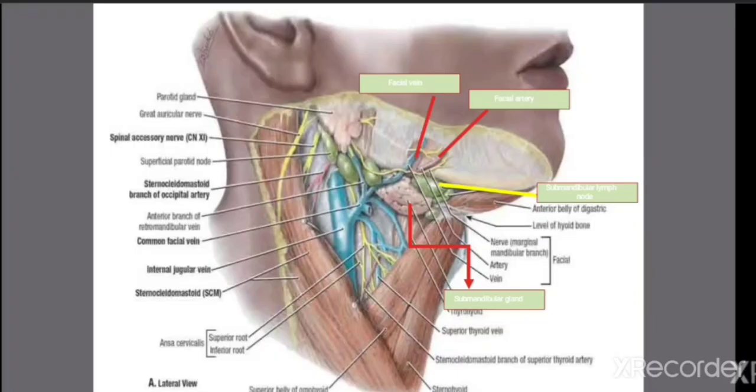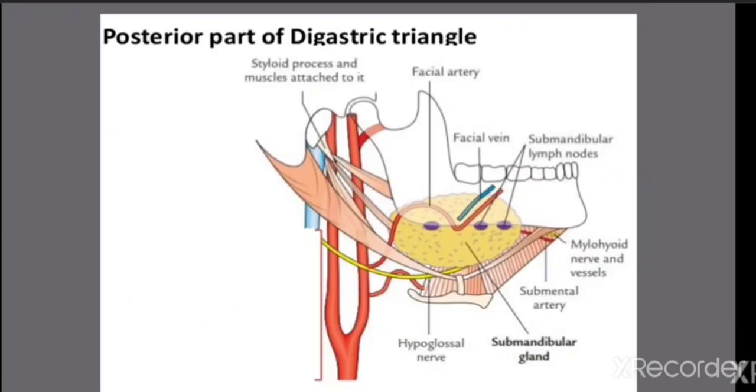In the diagram we have summarized all the contents of the digastric triangle. In the posterior part we can see the styloid process and the muscles attached to it, and the bifurcated common carotid artery.